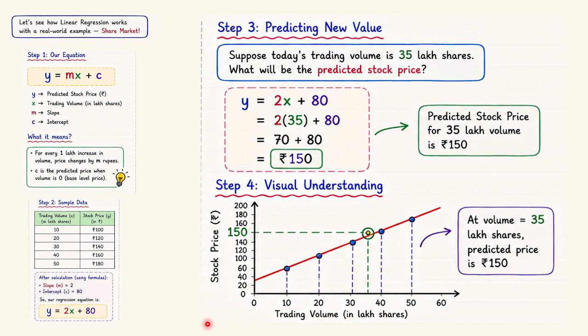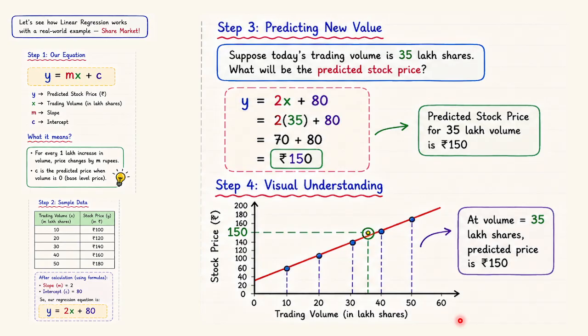So now when we give a new input of 35 lakh shares, we can use this learned relationship to estimate the corresponding stock price. And in our example, the predicted value is 150. So somewhere here we can plot it. The equation helps us calculate the prediction and the graph helps us understand the prediction visually.